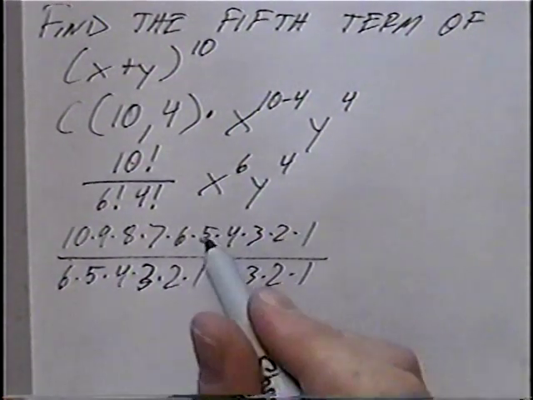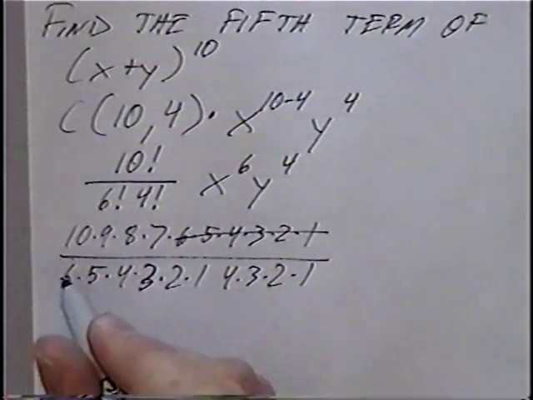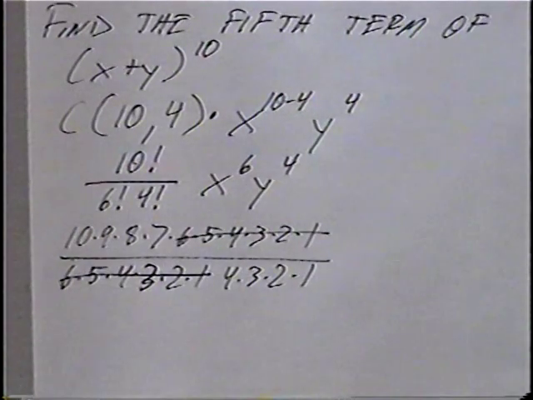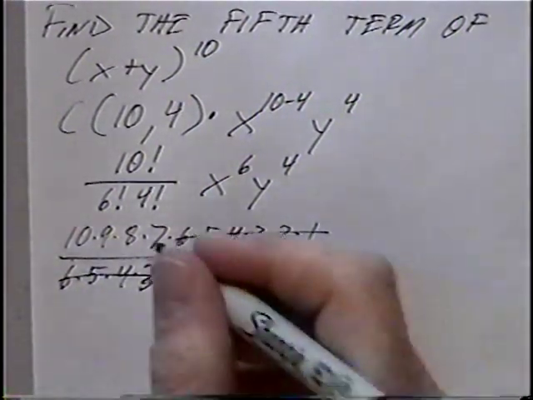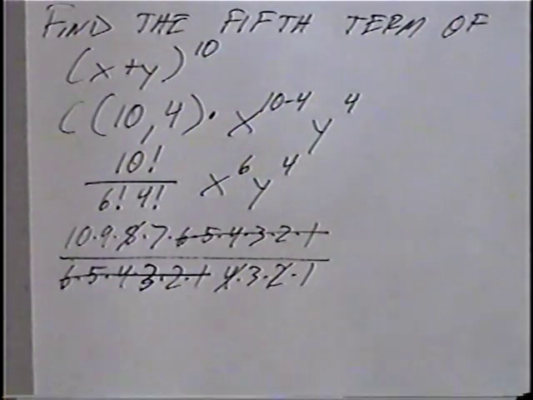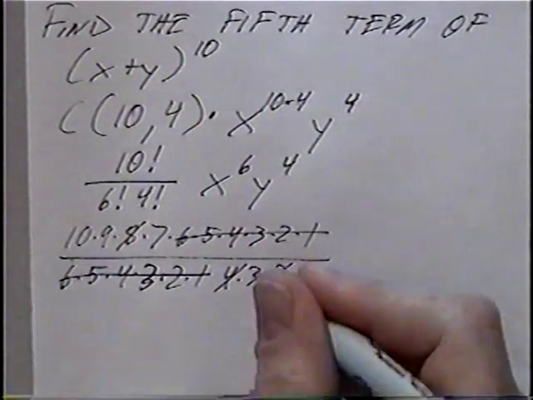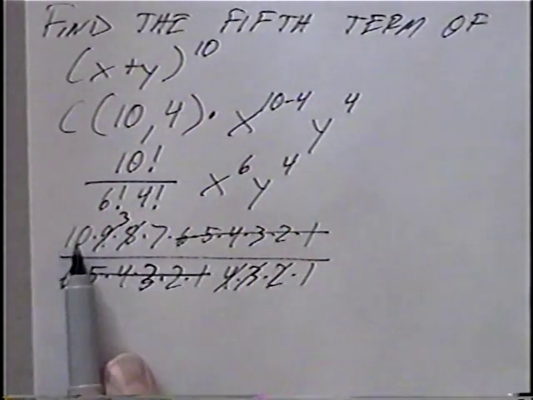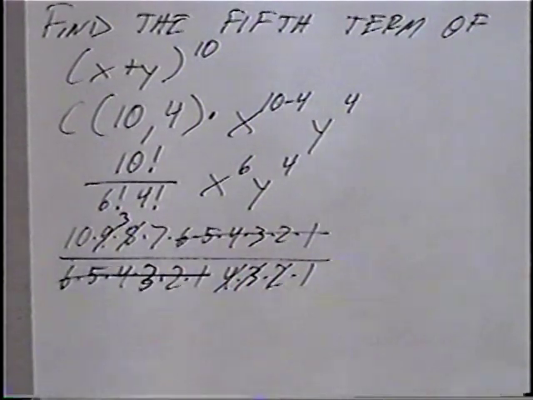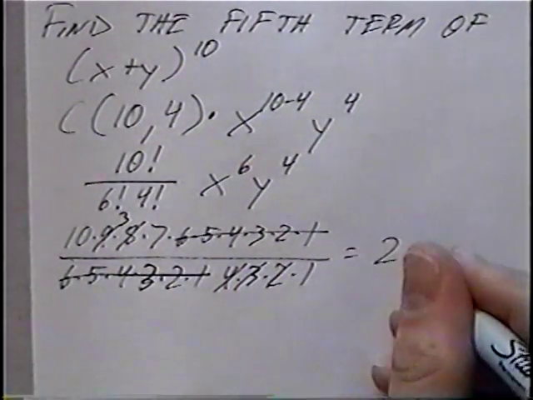Solving this, the 6 through 1 we can cancel in the numerator and denominator. We can also cancel the 8. 4 times 2 would be 8, and that would cancel the 8. And the 3 we can divide into the 9, so the numerator will be left with 10 times 3 times 7, which would be 210.